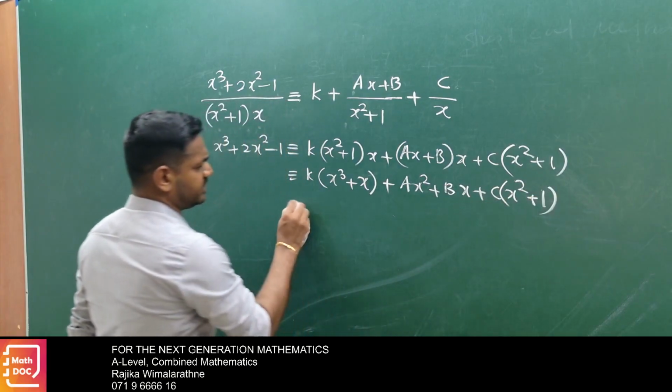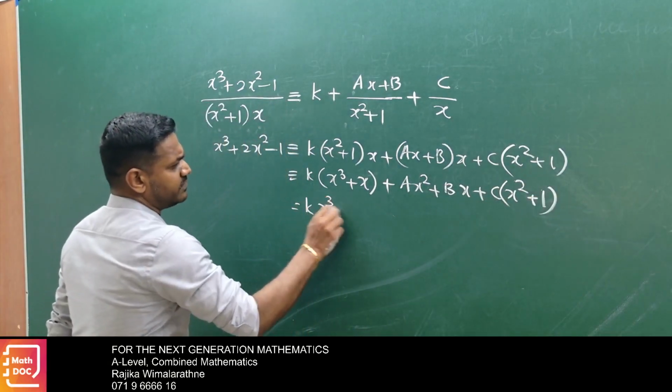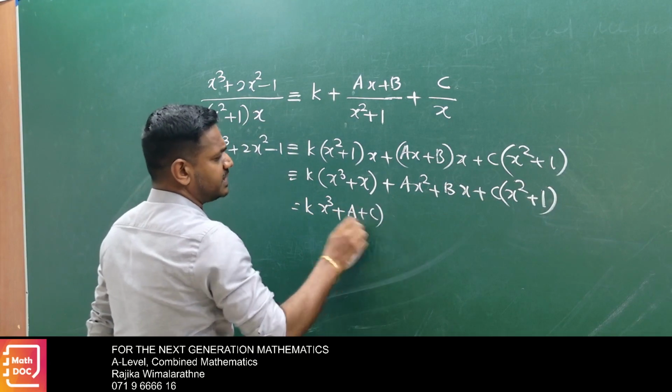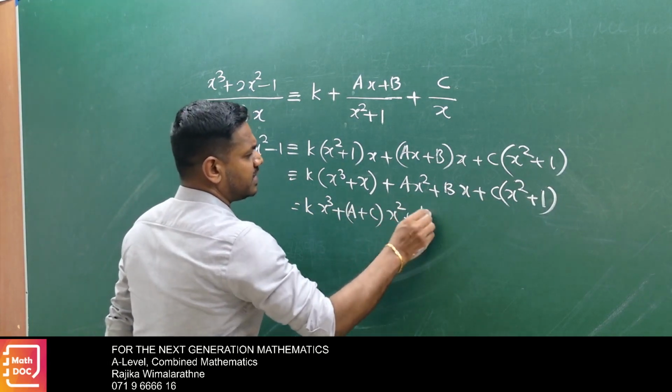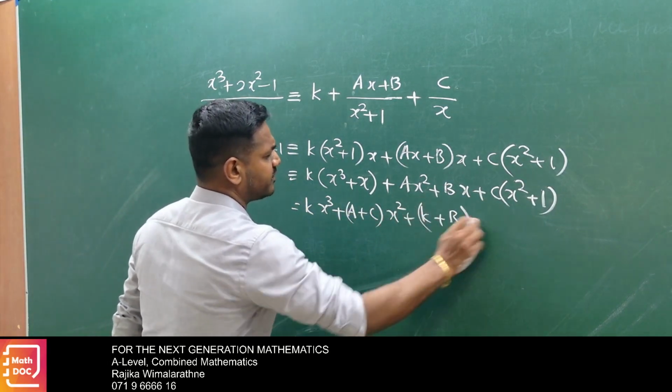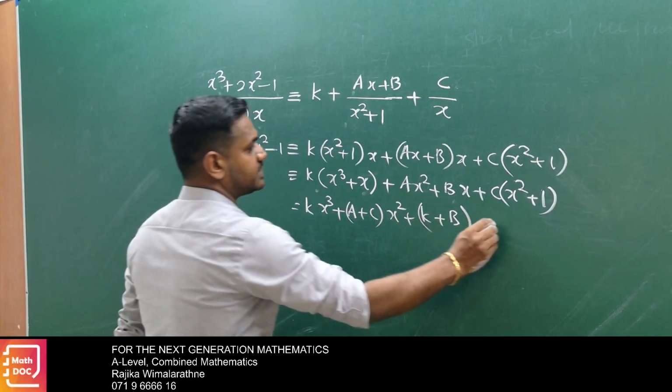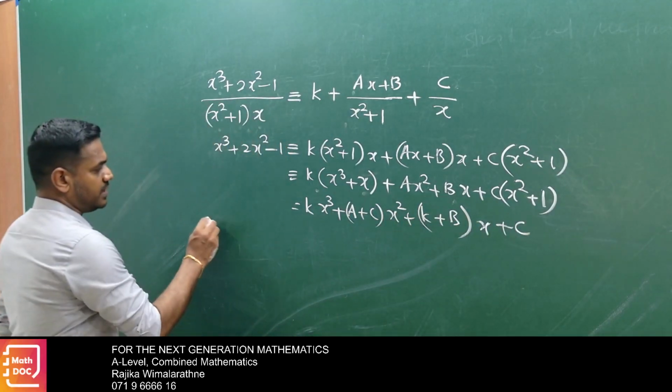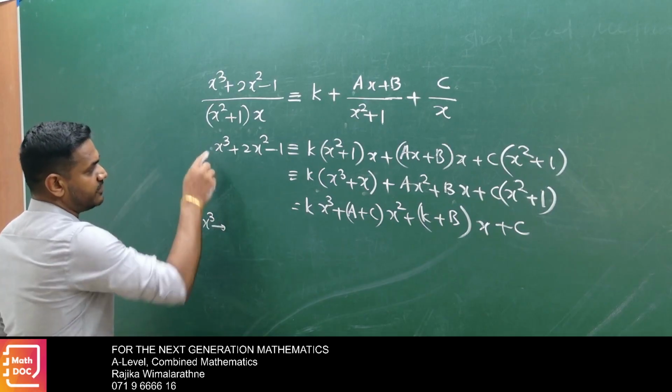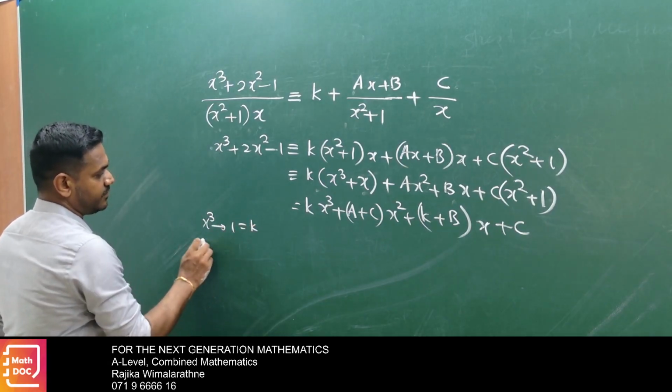Now you can arrange terms: kx cube plus a plus c times x squared, plus k plus b times x, plus c. Now x cube coefficient here 1 equals k.